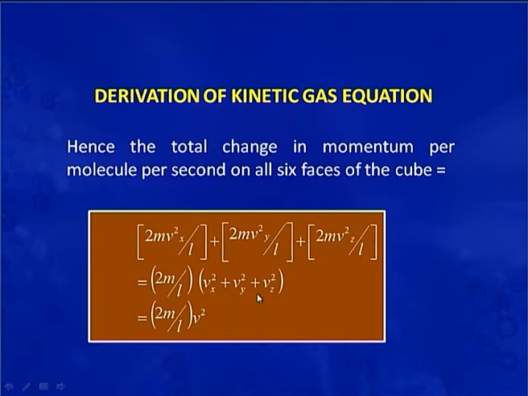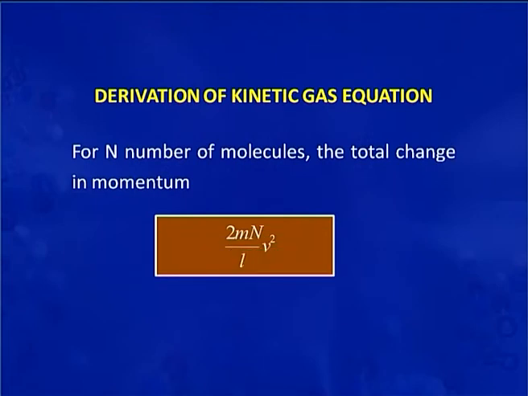So, now we can put v square in place of this. The equation is 2m by L into v square. Now we will calculate the total change in momentum for N number of molecules. So, the equation will be 2mN by L into v square.